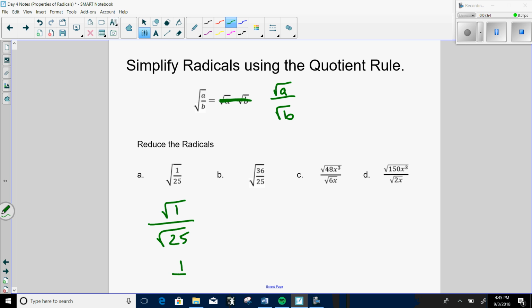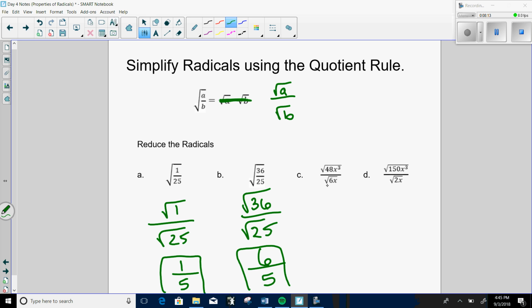Square root of 25 is 5, so the answer is 1/5. So if I do this, the square root of 36 over 25, I can break that up as the square root of 36 divided by the square root of 25. Well, the square root of 36 is 6. The square root of 25 is 5. There's my answer.